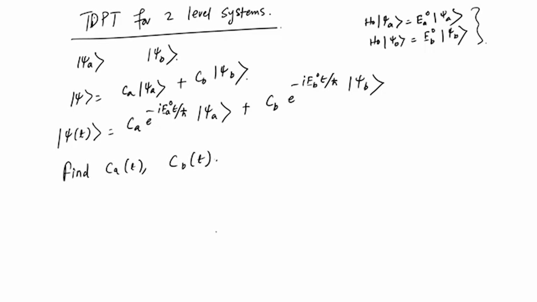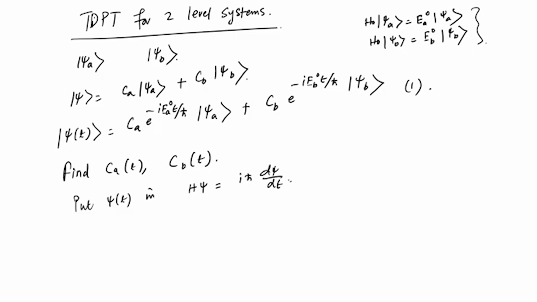And what you do is that you put this ansatz, let us call it ansatz 1, into H psi equal to i h cross del psi del t.